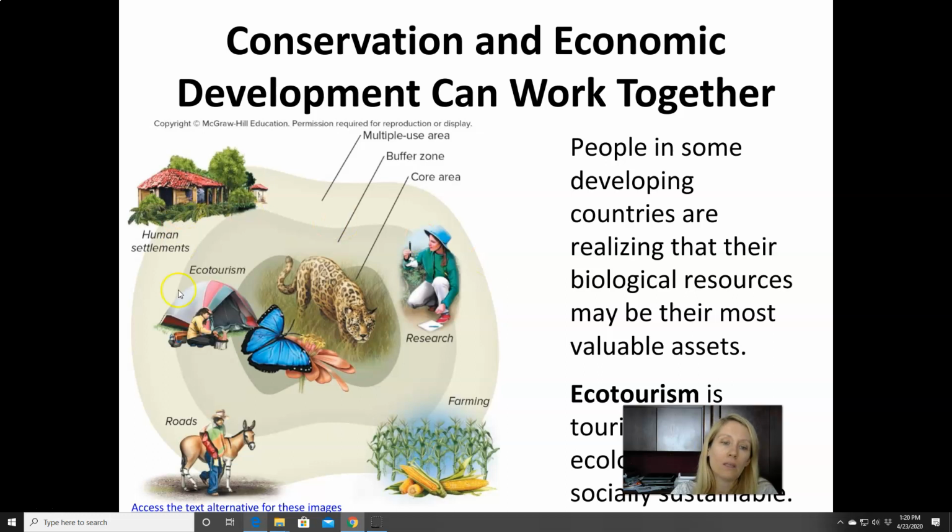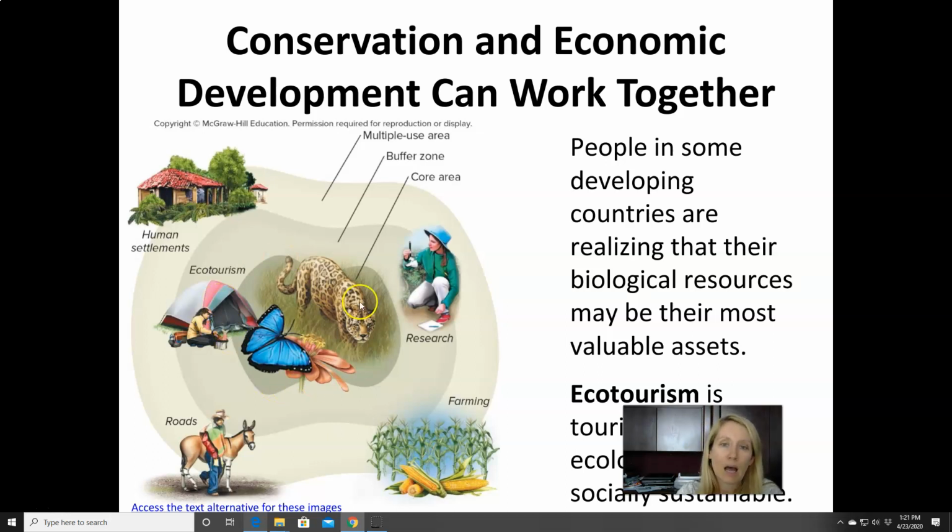So this is an idea here where, let's say we're in Southeast Asia, for example, or in South America. If we can create a system where the people who live here don't need to destroy the forest in order to raise food, in order to sustain their own living, what if we could give them another way to make money?